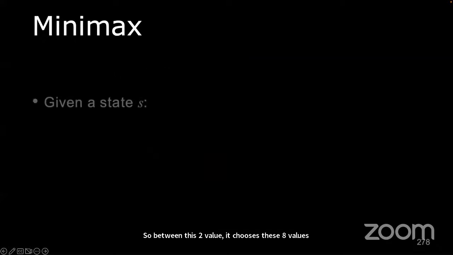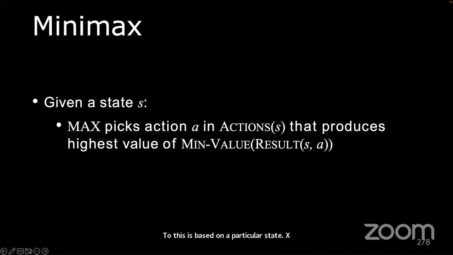Now we can formalize this idea into an algorithm. So the minimax algorithm chooses its decision based on a particular state S. The max player picks action A among the legal actions available at state S that produces the highest min value of the resultant state.